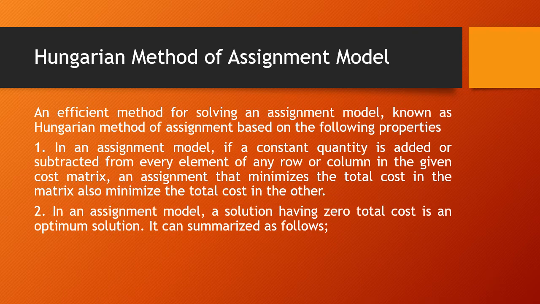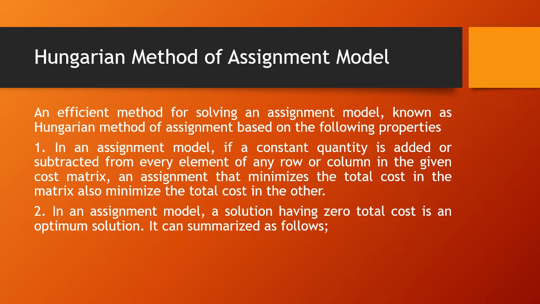Let's look at the Hungarian method of solving the assignment model. An efficient method for solving an assignment model, known as the Hungarian method of assignment, is based on the following properties. 1.